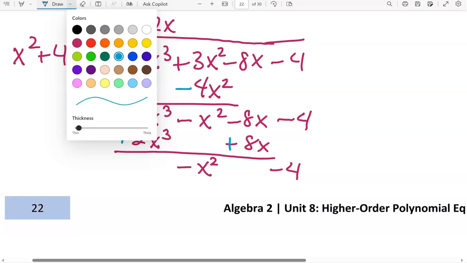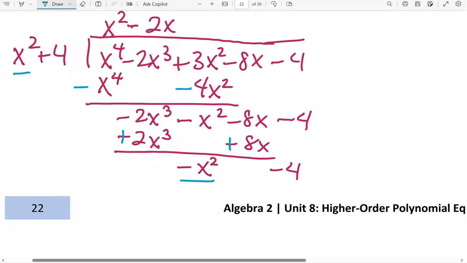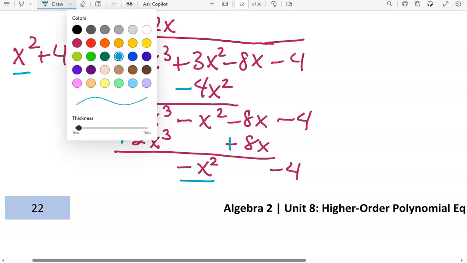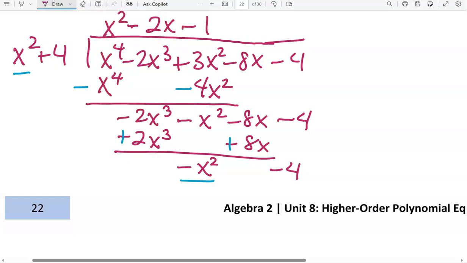And we're going to divide once more, first term by first term. Negative x squared divided by x squared is negative 1. Now multiply negative 1 times the entire divisor. Negative 1 times x squared is negative x squared, and negative 1 times 4 is negative 4. Next, I'm going to change the signs of both of the terms in the multiplication we just performed, and add, which gives us a remainder of 0.